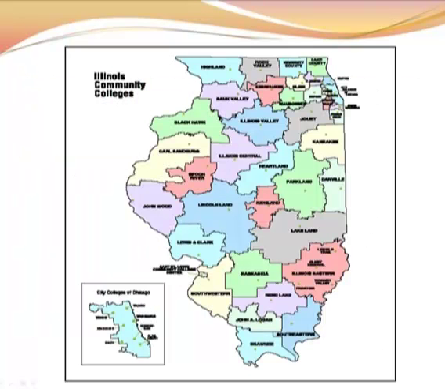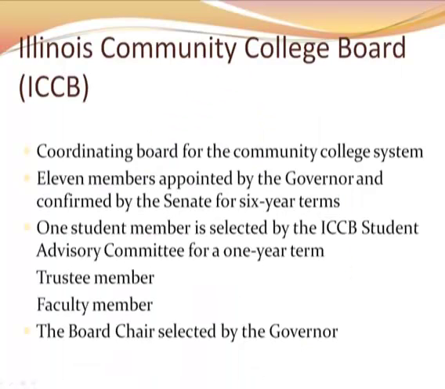This slide is an overview of the college districts within the state, and you can see that each community college is there, as well as the district is outlined for you to have a visualization of. Illinois community colleges report to a board referred to as the ICCB, which stands for the Illinois Community College Board.